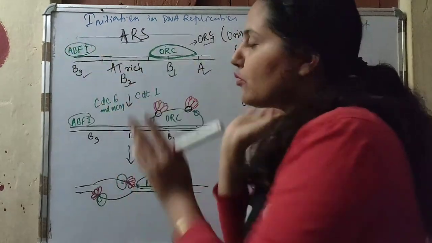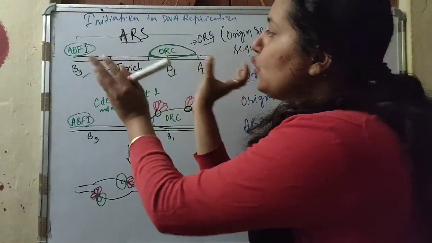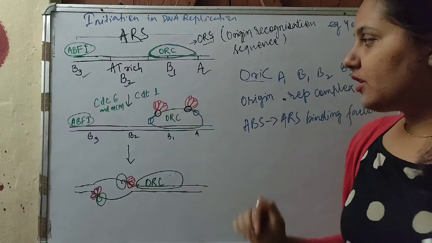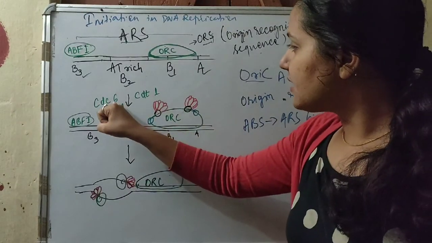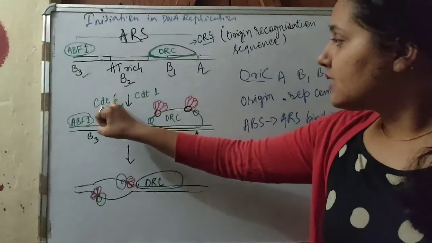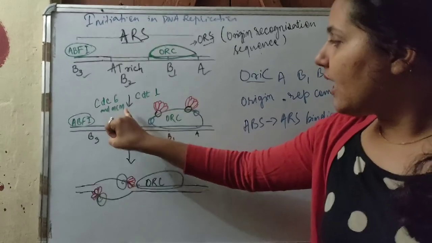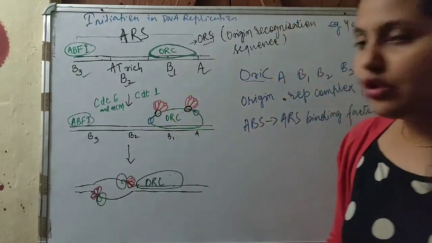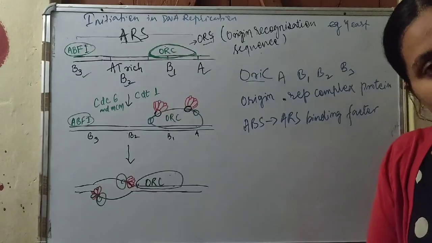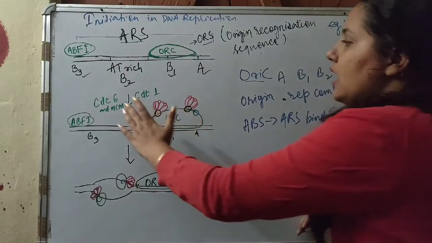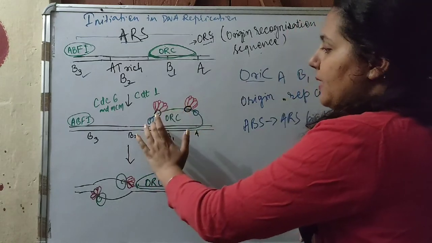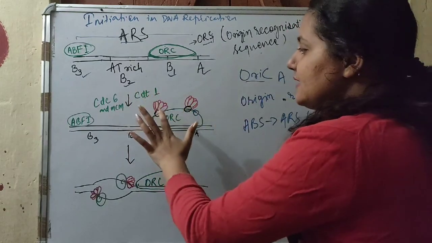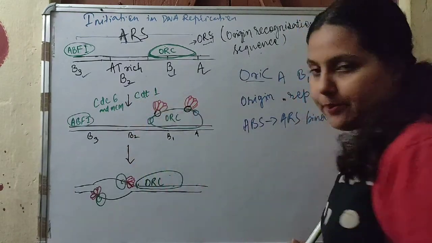As the two proteins bind at the two ends, after that what happens? CDC6, CDT1 and MCM will bind to the ORC complex. First CDC6 will come and bind, and then CDT1 and then MCM.